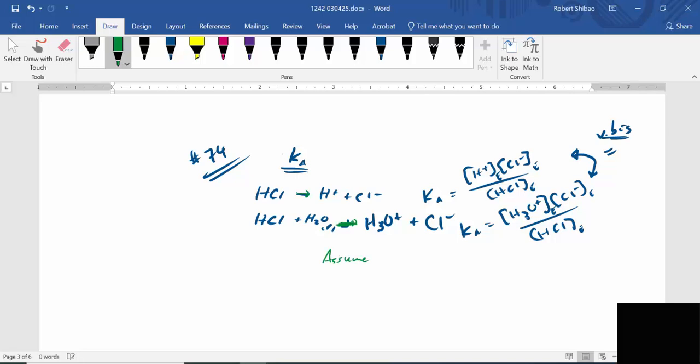Assume complete reaction. I mean, how can we do a calculation? We can't do a calculation with a very big number, because there's no very big key on your calculator. Is there a very big key on the calculator? No. And so assume complete reaction, 100%.